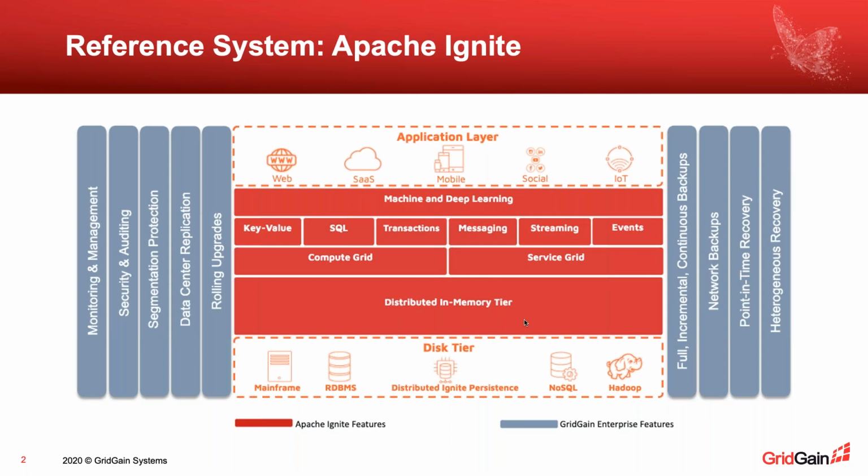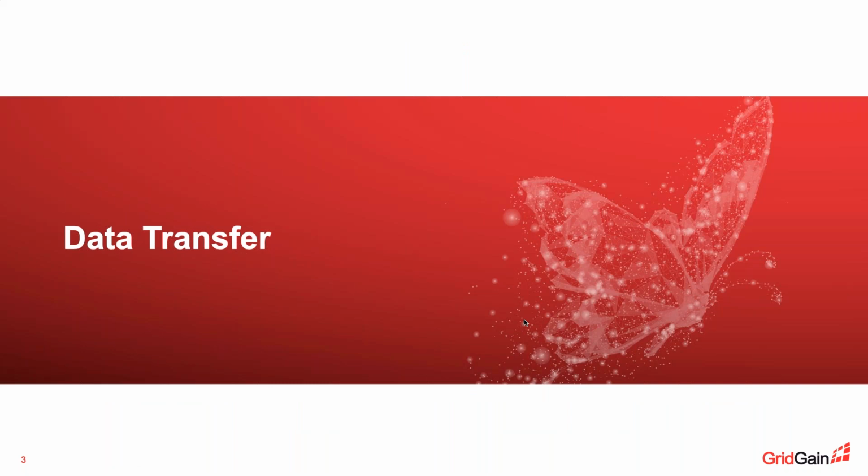And GridGaink is something that is running on top of Apache Ignite core and provides a lot of these additional features, especially valuable to those enterprise users, such as features for security and high availability of the systems. So without further ado, let's look at the first of our networking functions, which is data transfer over the network.